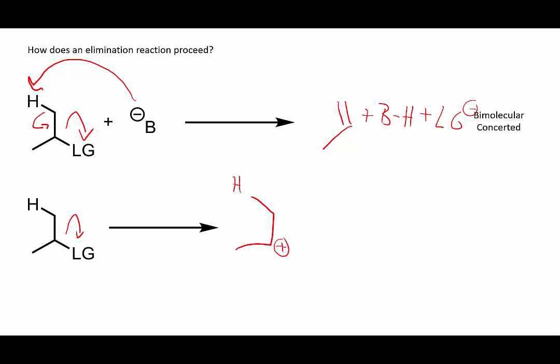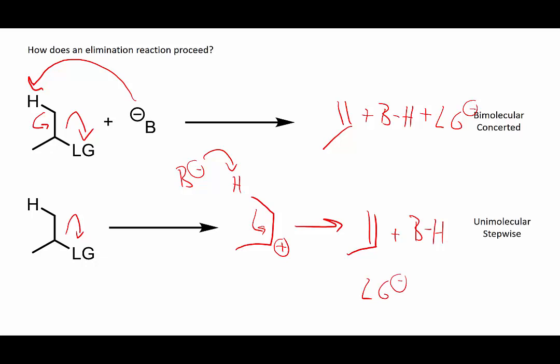It would be preferential if we could somehow bring that electron density down and make a new double bond. This again will be facilitated by some base, removing that proton, breaking the bond, and forming a new alkene bond. Again, we'll have the base being protonated, we have a conjugate acid, and our leaving group as a negative charge. This is a unimolecular mechanism because the rate depends on this first step here, only one molecule, and it's stepwise, there are two steps.